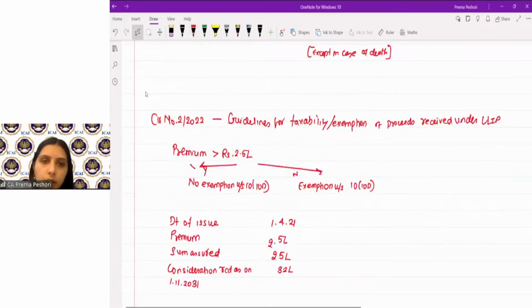Here also you need to understand one thing. The premium should not exceed 2,50,000, plus I have not written here the additional condition. What is the additional condition here?